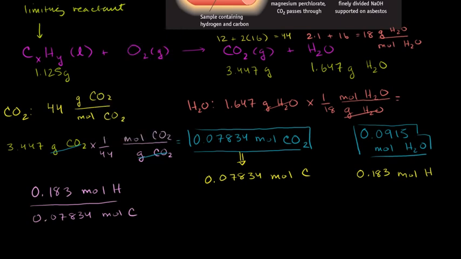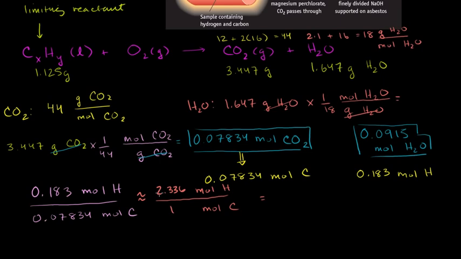So this is approximately equal to 2.336 moles of hydrogen for every 1 mole of carbon. This doesn't look like that neat of a ratio, but it is pretty close to 1/3. So maybe if we multiply the numerator and the denominator by 3, what do we get?